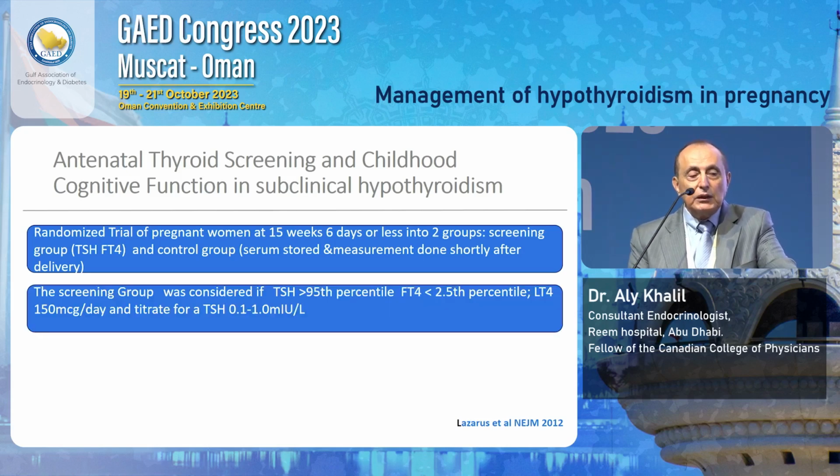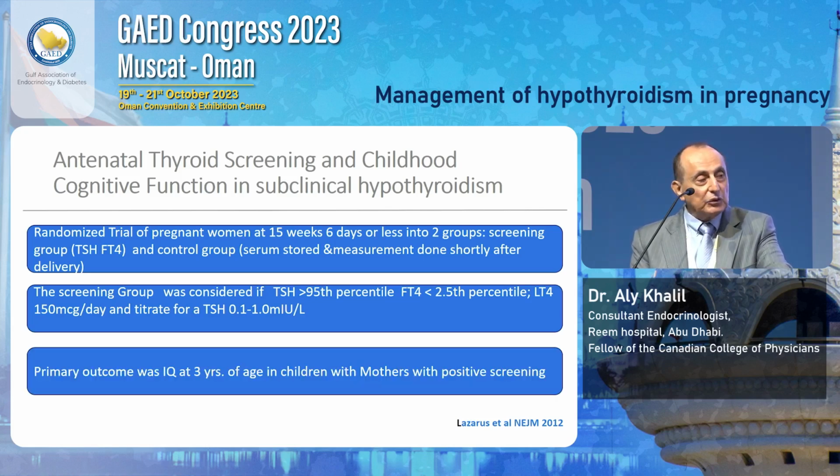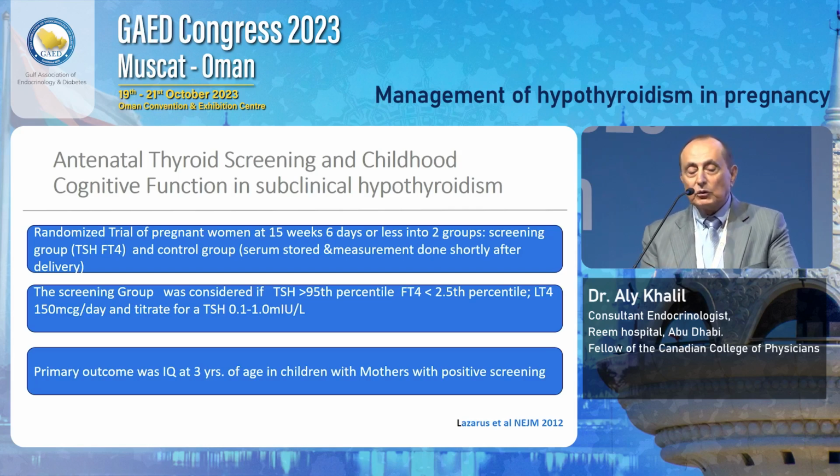And the screening group was considered positive if TSH was above the 95th percentile or the free T4 below the 2.5th percentile. And for those that were tested positive, they gave them 150 micrograms per day and titrated to keep the TSH within the range of 0.1 to 1. And their primary outcome was IQ at 3 years of age, in children of mothers with positive screening.